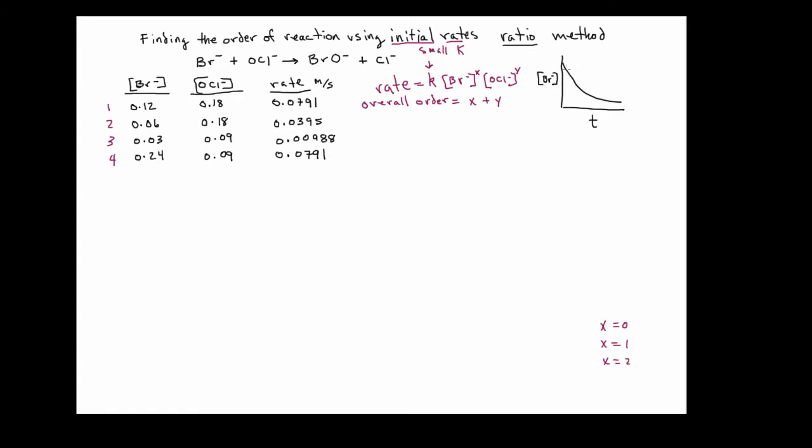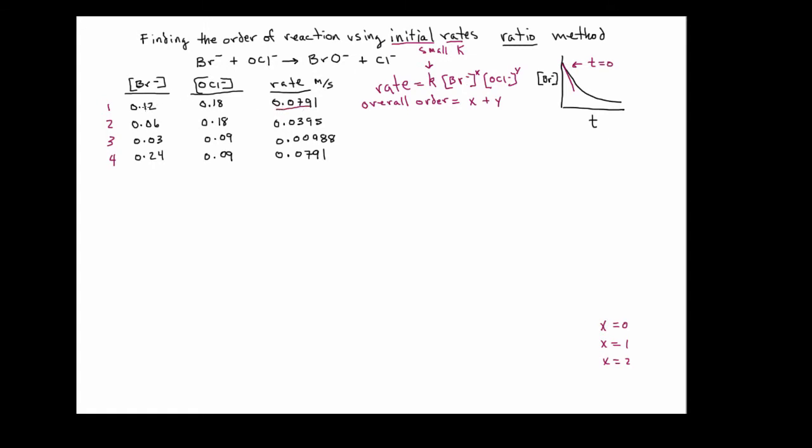So what is that? I scripted a little graph over here on the right that would show the decrease of the concentration of Br minus with time, which gives us the shape that we would expect. And if we're doing initial rate kinetics, then we determine the slope of a tangent to the line, here, as close to t equals 0 as possible, and the slope of this line is in fact this rate.